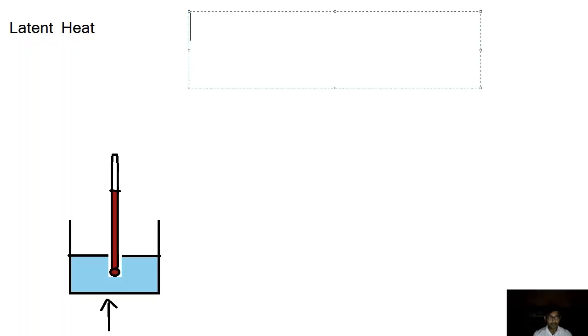So we're going to write down one by one what actually happens. First thing is, number one, on heating, the temperature rises. Now why does the temperature rise? The temperature rises because the heat supplied is transferred to the particles in the liquid.